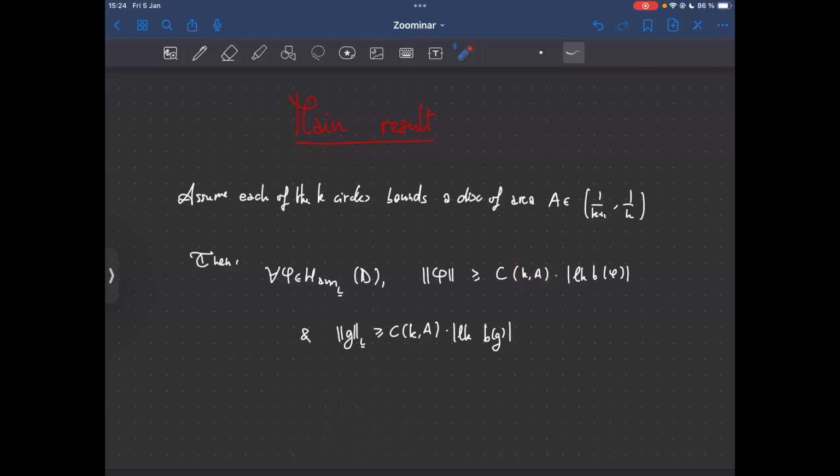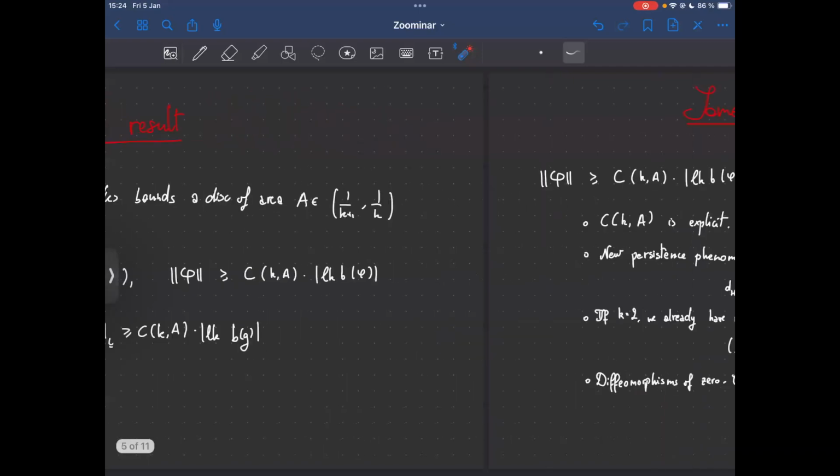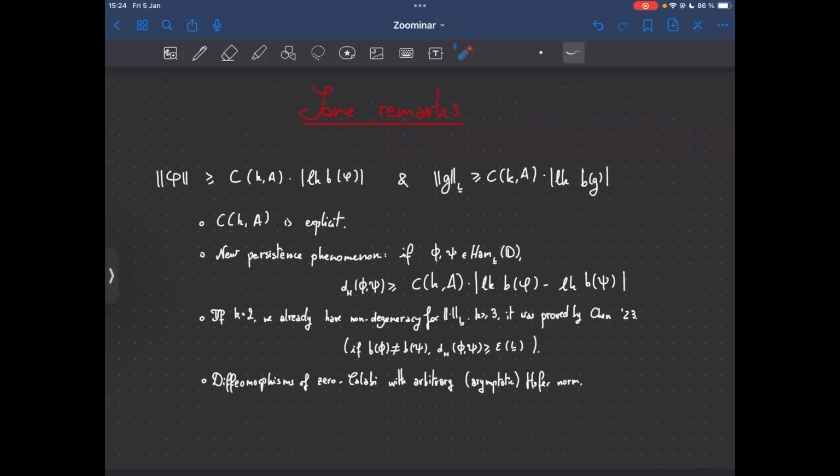Is the statement clear? If you have any question, please do feel free to interrupt me. If not, I will give some remarks. The first one is that the constant is in fact explicit, and by the end of the talk, I will point out where the constant comes from.